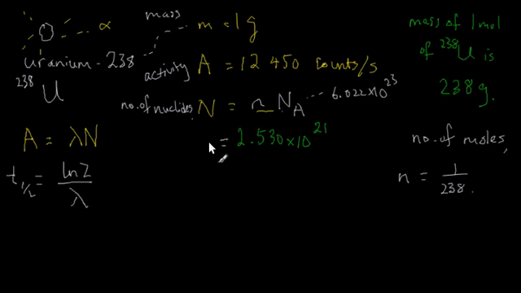Okay, right, now that we have the number of nuclei and the activity, we can finally use this equation to find lambda. So from this equation we have lambda equal to A over N, activity over number of nuclei. And we know the activity, we know the number of nuclei. Okay, so we can find the answer.